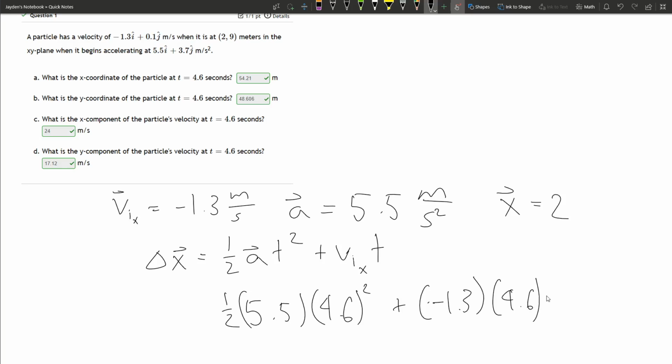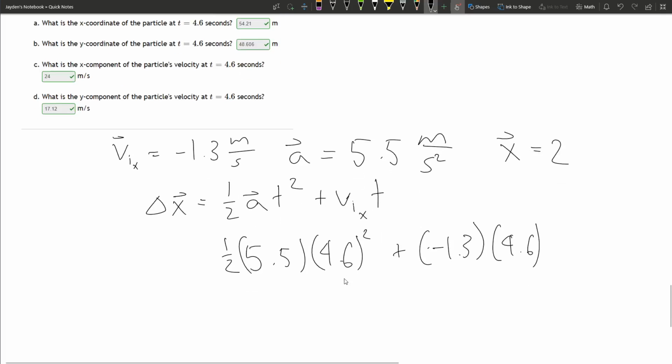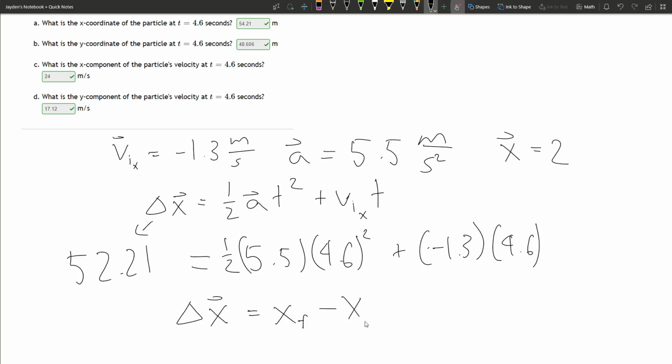So if you plug that into your calculator, you should get this value, 52.21. That's the delta x. So delta x is x final minus x initial.